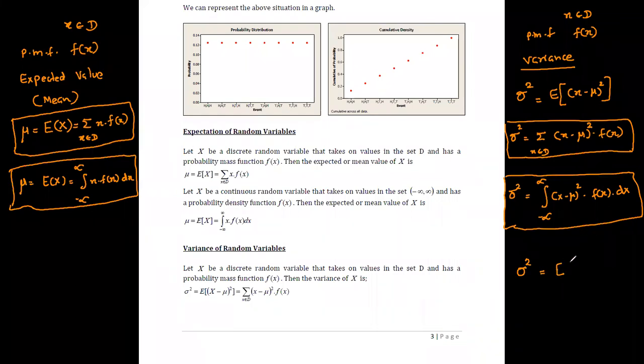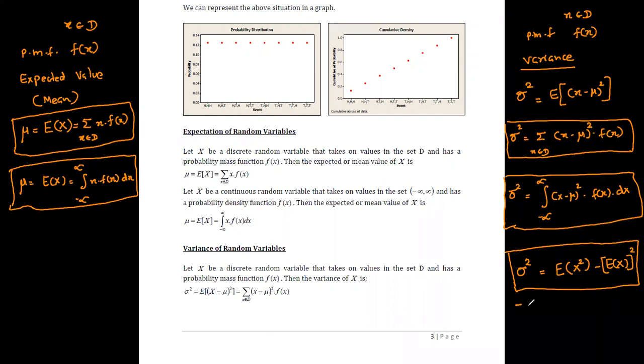It is just E(x squared) minus (E(x)) to the power 2. This is the way that we can easily obtain sigma squared. To obtain E(x squared), we can just have the summation of x squared f(x).